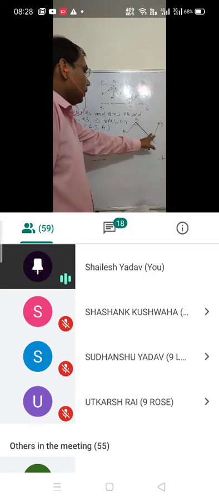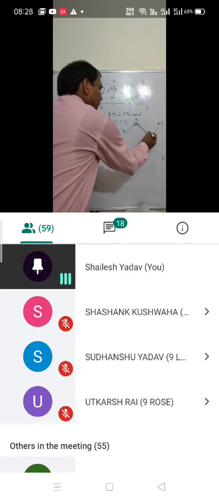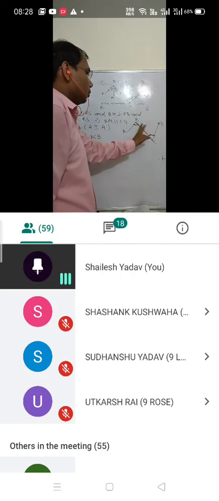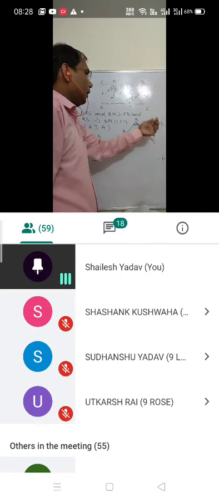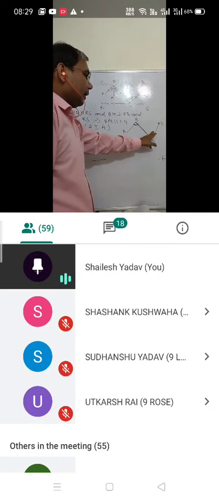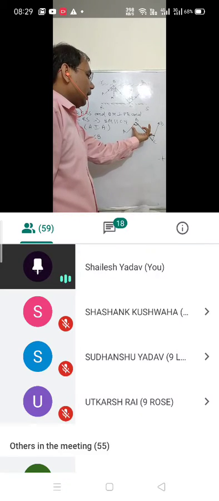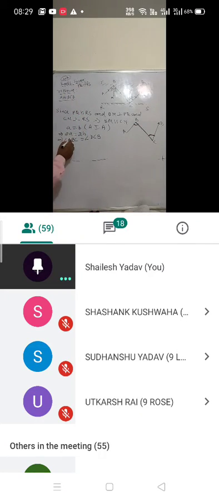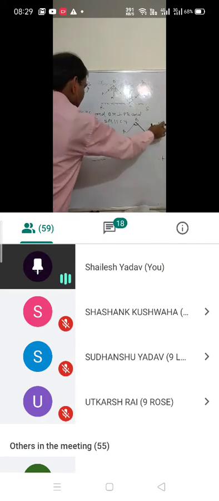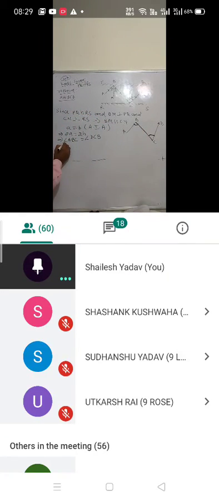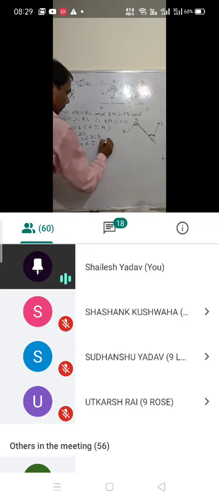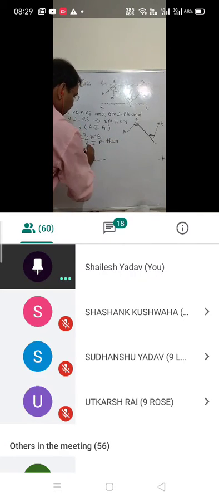So students, if you are able to prove that these alternate interior angles are equal, it means that the lines are parallel. So here you will write both are alternate interior angles, then AB parallel to CD.